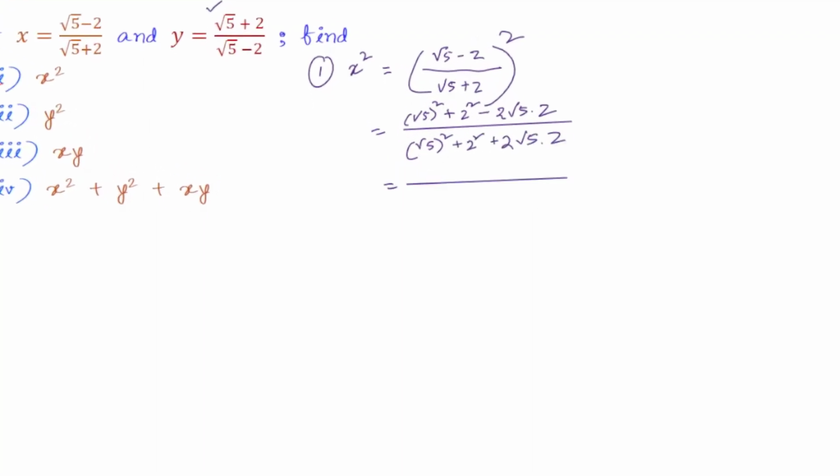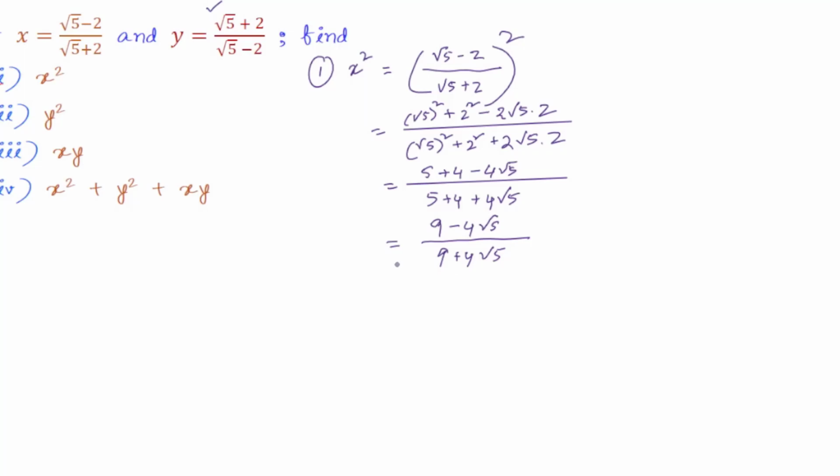Root 5 whole square is equal to 5, plus 2 square equal to 4, minus 4 root 5, and here also 5 plus 4 plus 4 root 5. So 9 minus 4 root 5 divided by 9 plus 4 root 5.